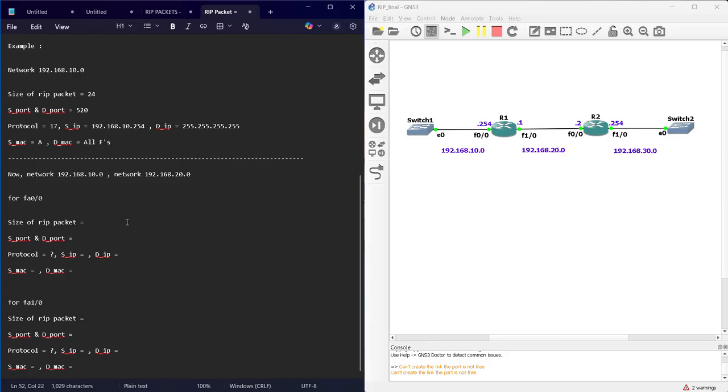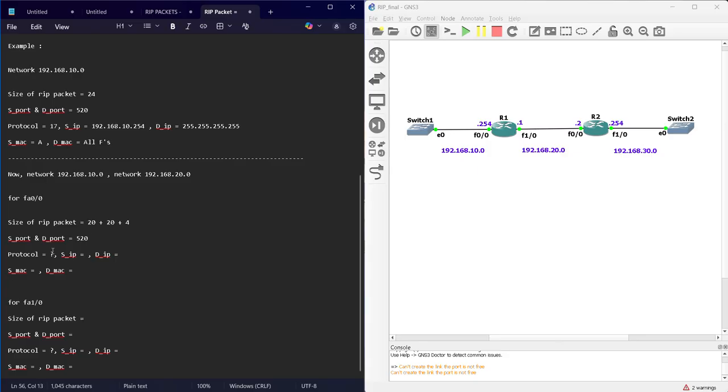But as we are using two networks, the size will be 20 for one network plus 20 for the second network, that is 40, and the header part that costs about 4 bytes. What is the value of source port and destination port? 520 for RIP in UDP.